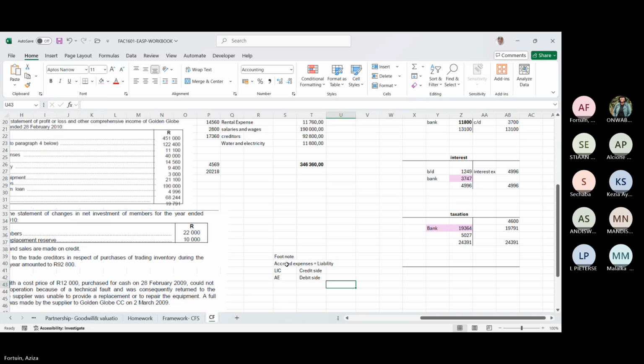Okay. Thank you. Let me just highlight this footnote also here. Put it in a block.